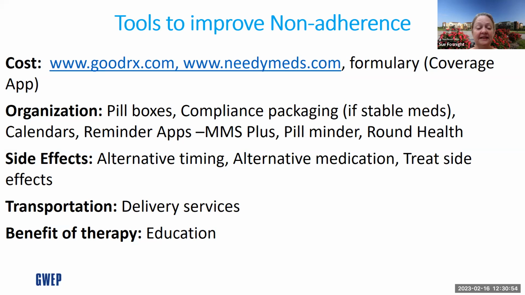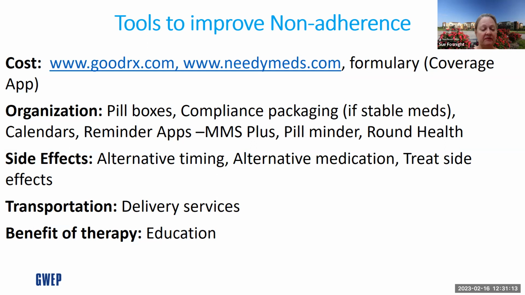Side effects. So if the side effects is the issue, trying to come up with alternate timing and alternate medication, a way to treat the side effect. Delivery services can help with the transportation issues. So there are a variety of pharmacies that will deliver the medications these days.